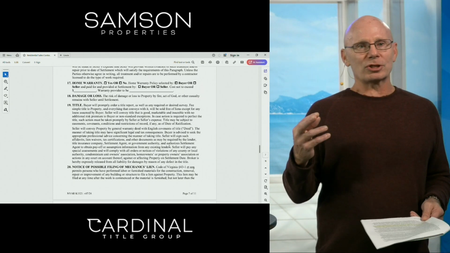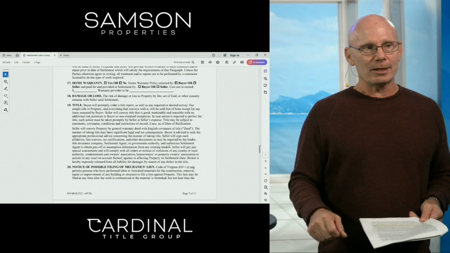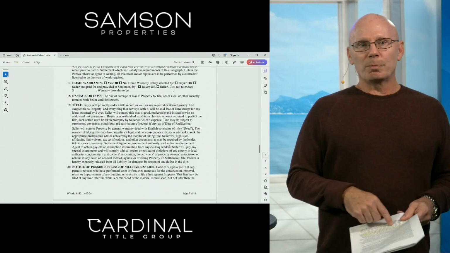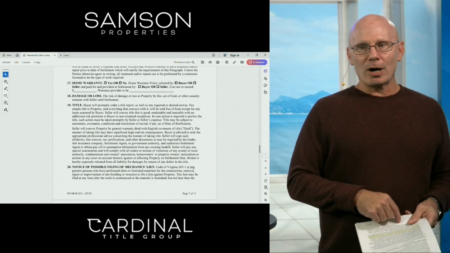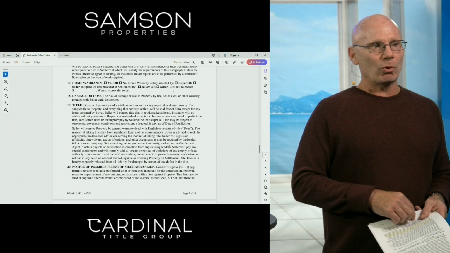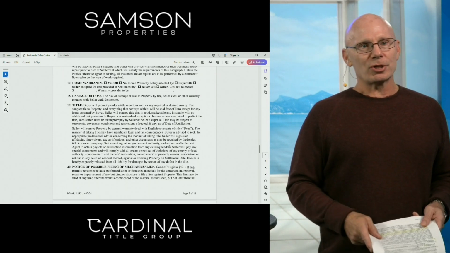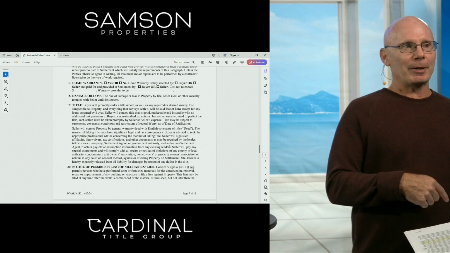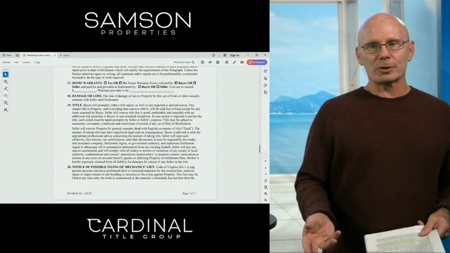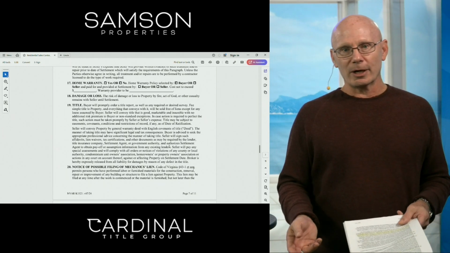Because once your buyer signs on the dotted line at settlement, those are now with the property. So whatever violations or non-approved alterations to the property were done by the previous owner are now your responsibility as the buyer, right?